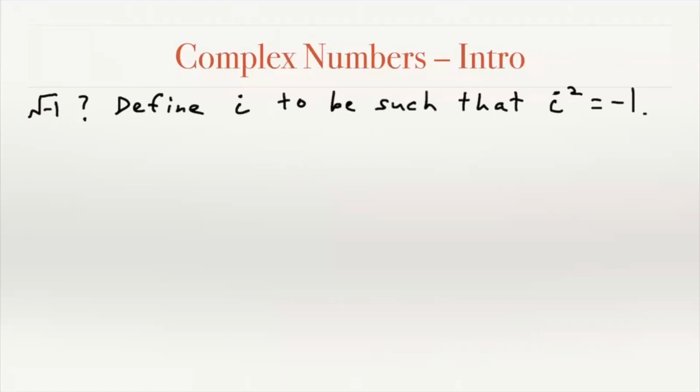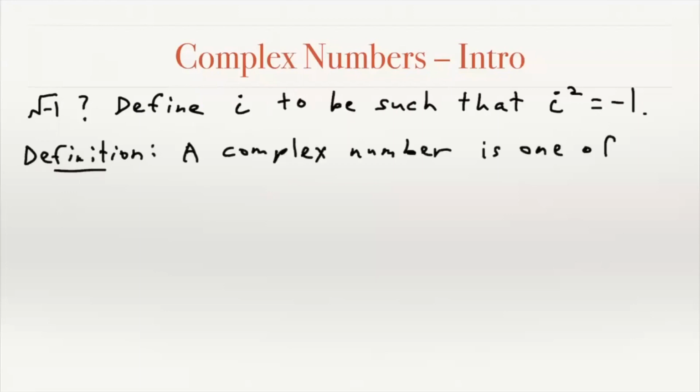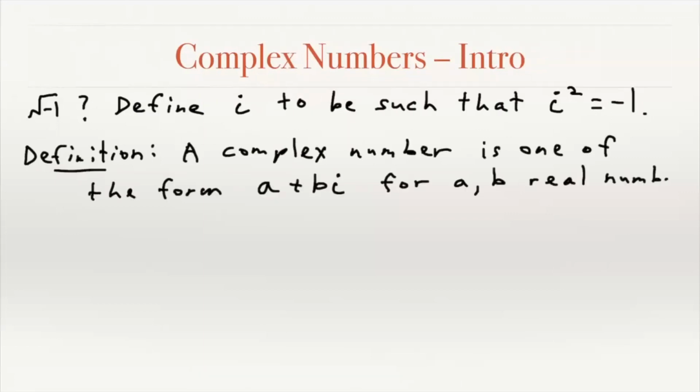So i is called the imaginary unit. And by definition, a complex number is one of the form a plus bi, for a and b real numbers. So for example, 2 plus 3i is a complex number.